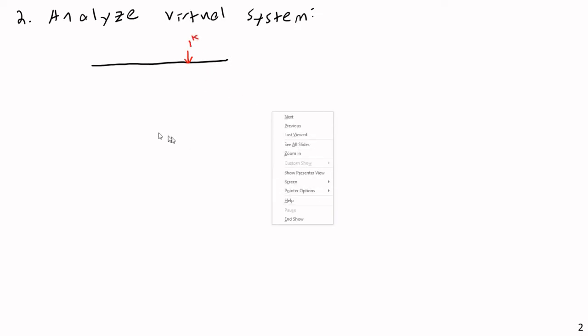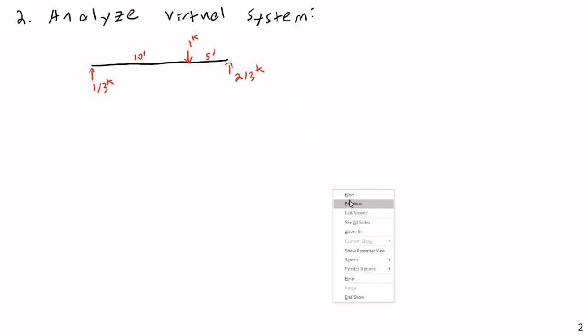Then, if I have my dimensions of 10 feet and 5 feet, by simple statics you can find that the reactions on the left hand side will be 1/3 kip, and 2/3 kip on the right hand side. So we have 333-ish pounds on the left hand side and 666-ish pounds on the right hand side, and 10 and 5 feet. Next I want to get the shear diagram.